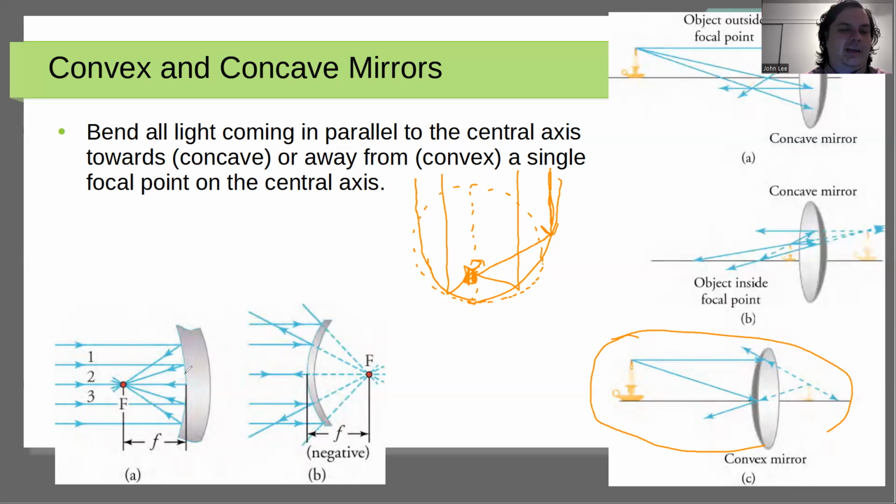And then you also have the concave mirror, which has a focus in front of the mirror, and can create real images, which, if you look at figure A on the right-hand side, if you have an object farther away than the focal point, then it reflects the light coming in, and the light that comes in actually passes through this point where it looks like the image is coming from.